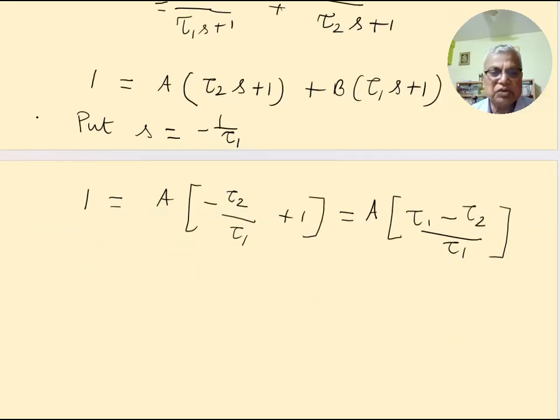So if you solve for a, a is tau 1 by (tau 1 minus tau 2).